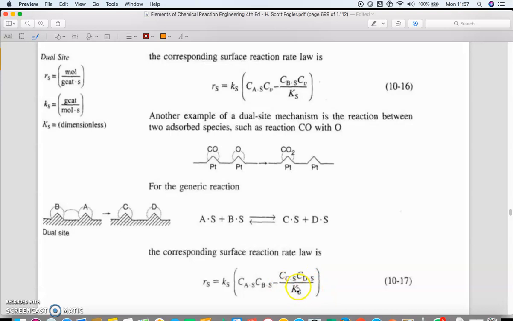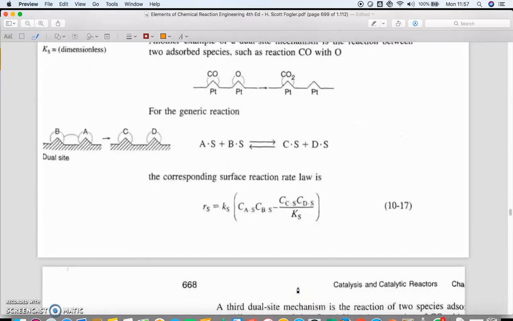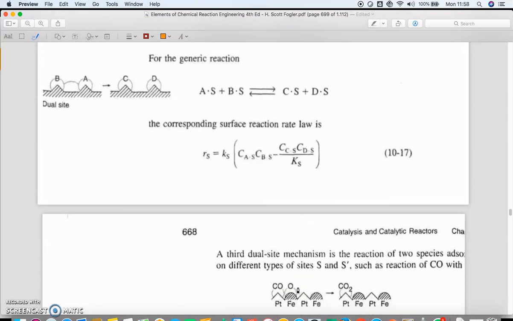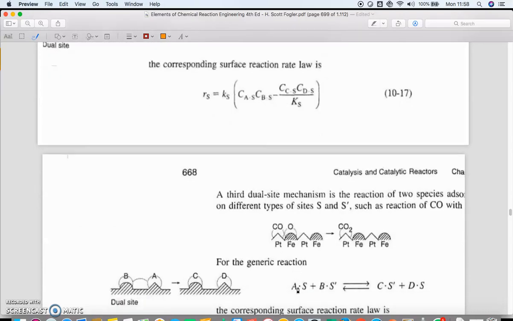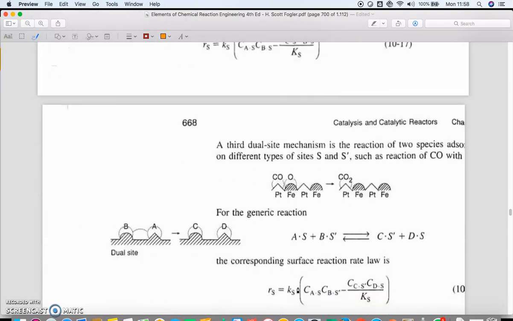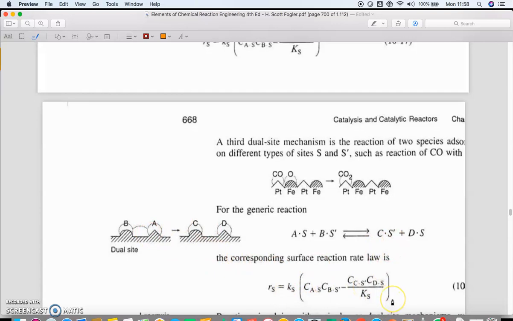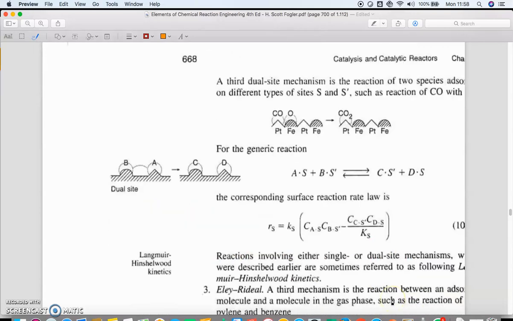And again, capital KS equals small kS over small k minus S. For the dual site, it can also be attached like this. I hope you can read it on your own.